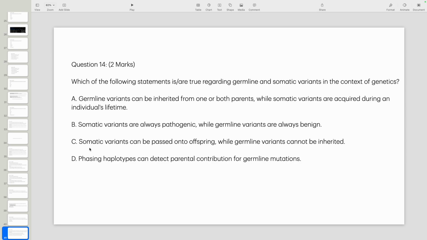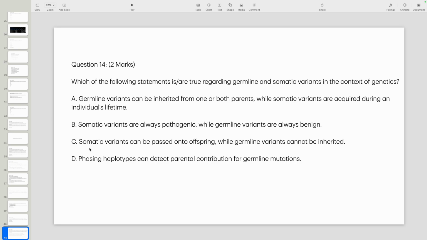Please go through this question and try to answer it. A: Germline variants can be inherited from one or both parents, while somatic variants are acquired during an individual's lifetime.